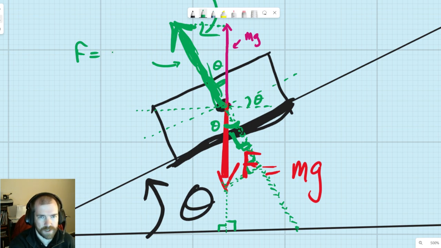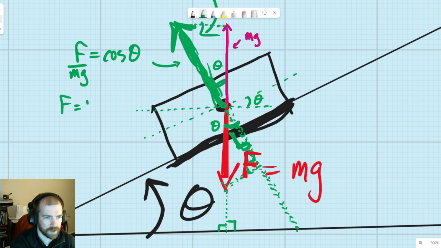So our force is going to be equal to, technically, if we think about this in terms of trig, the cosine of theta is going to be equal to F over mg. And therefore, F is going to be equal to mg cosine theta.